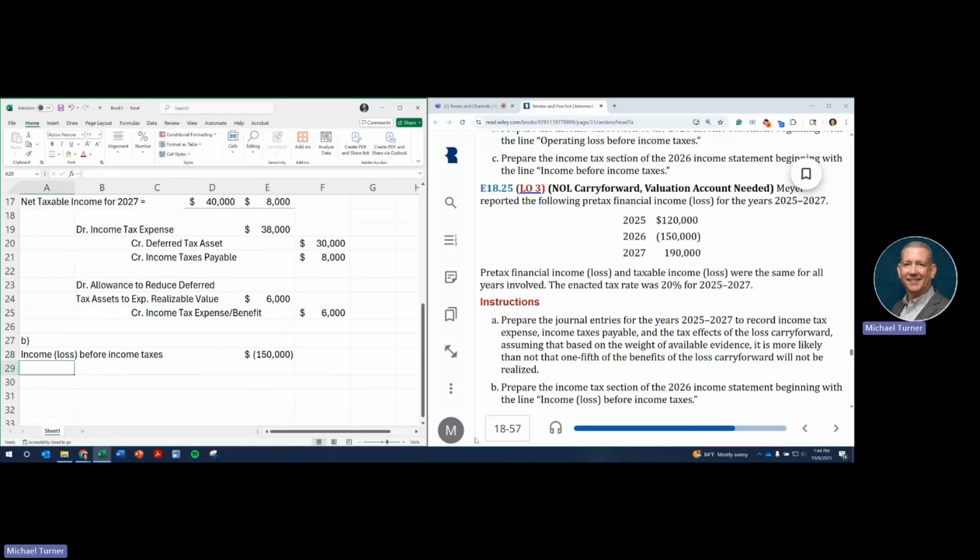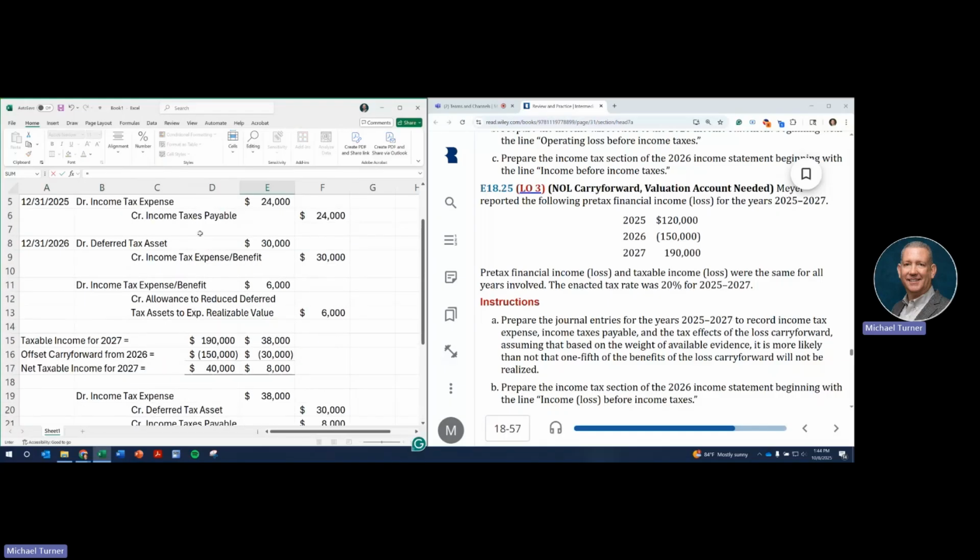And then we will record the income taxes. Let's see, we had a benefit that year, so we'll count the income tax benefit. So let's go back to 2026 and see. We had a credit of $30,000 offset by a debit of $6,000.